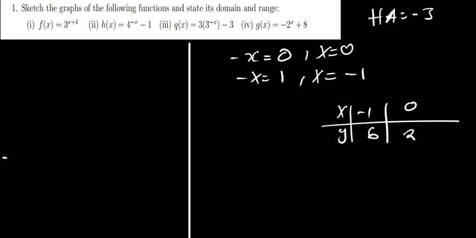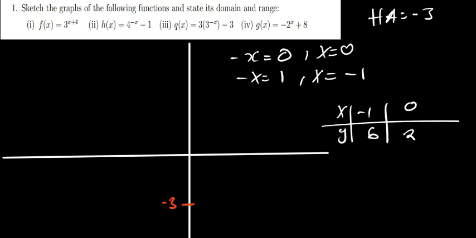So there we go. We can clearly see that we have negative 3. So I'll cut the line. Another thing that I have is negative 1, 6.